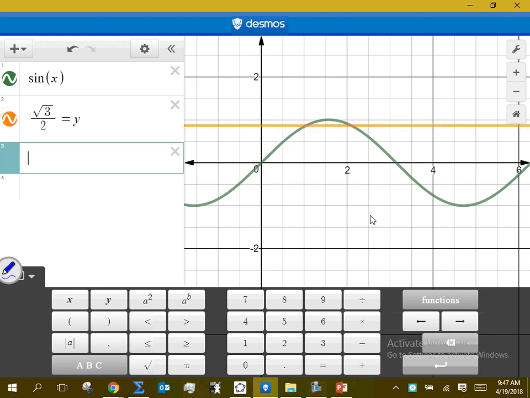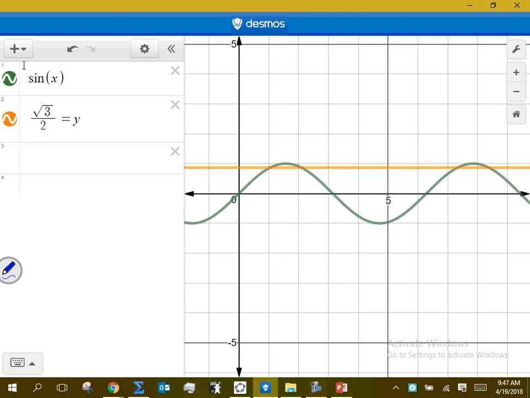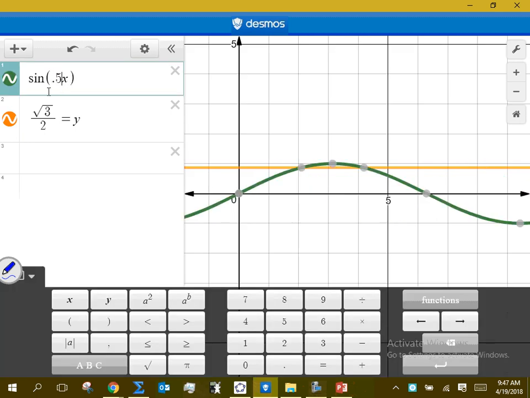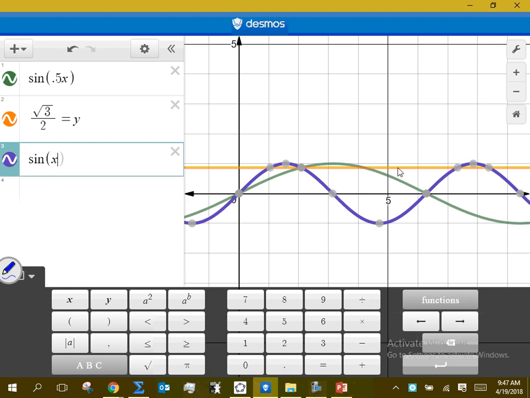Okay, and there you see you've got two solutions in that interval. But if I start to look at x over 2 or something like that, and let me actually put sine of x in here as well, do you see how the green curve is taking the purple one and stretching it out?